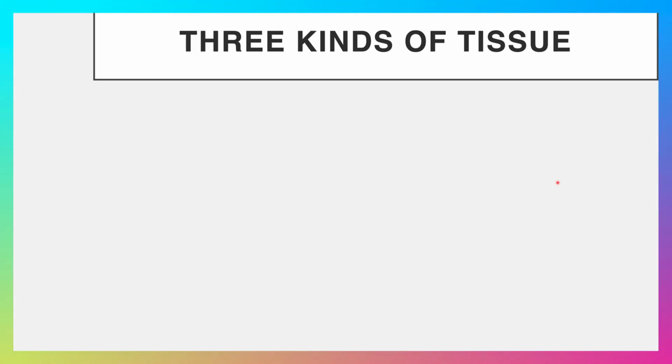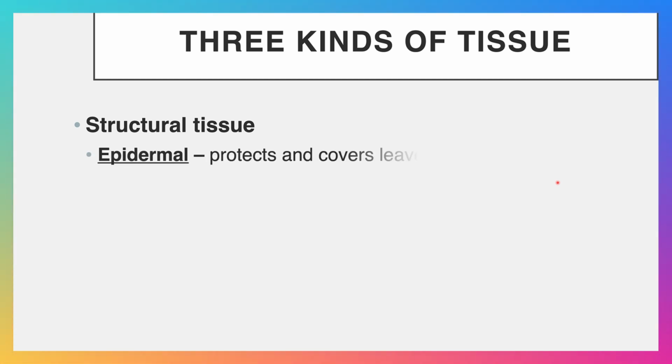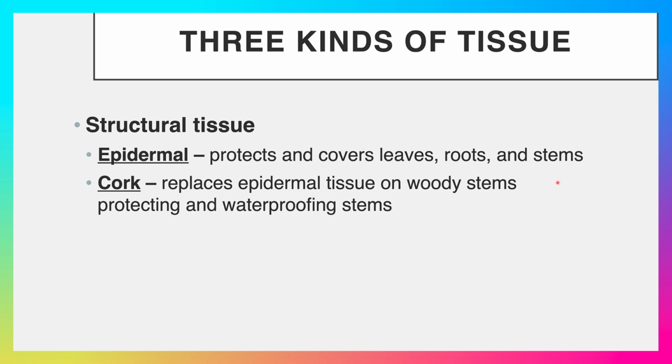In a leaf, there are three kinds of tissue. There is structural tissue. The epidermal tissue is the structural tissue that protects and covers leaves, roots, and stems. The cork tissue replaces the epidermal tissue on woody stems and protects and waterproofs the stem.